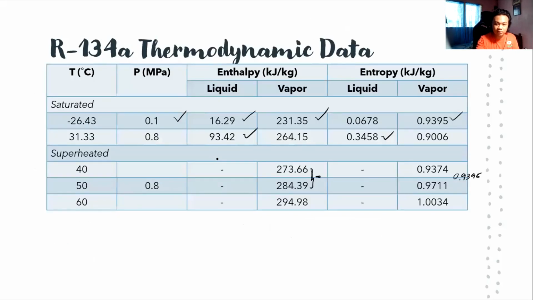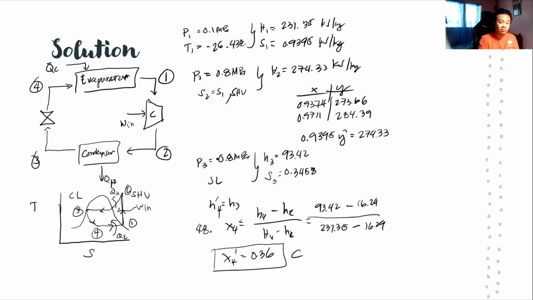So now let's go for the COP, or coefficient of performance, number 49. COP is actually for a refrigerant. I've shown you this, di ba? QC over the work in, that's the coefficient of performance.